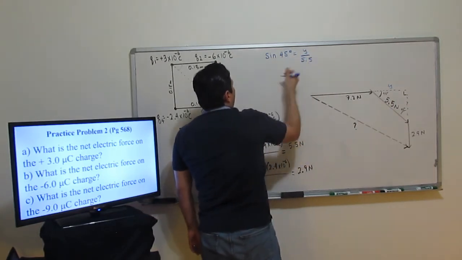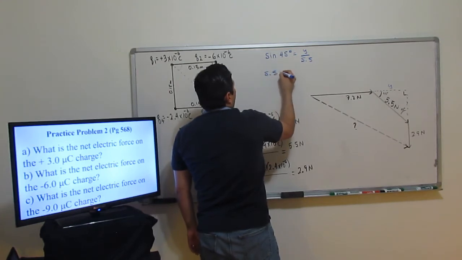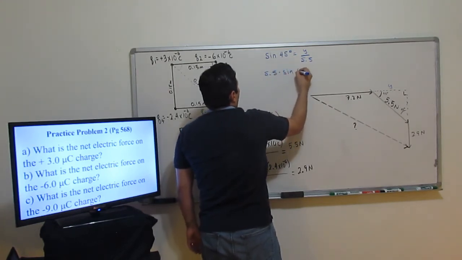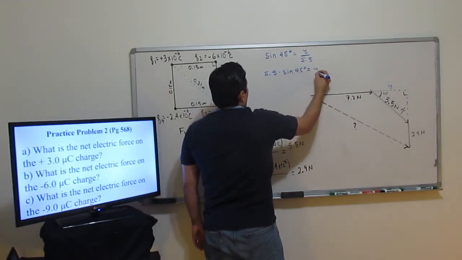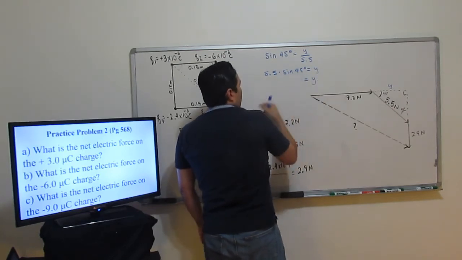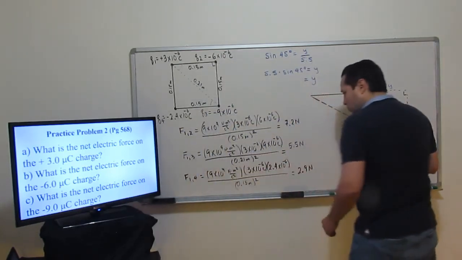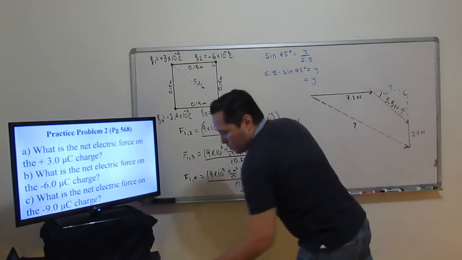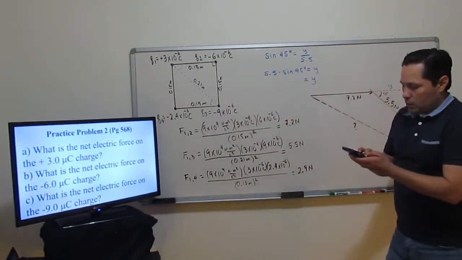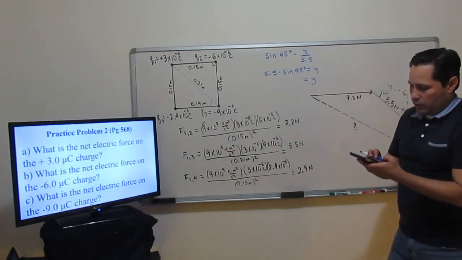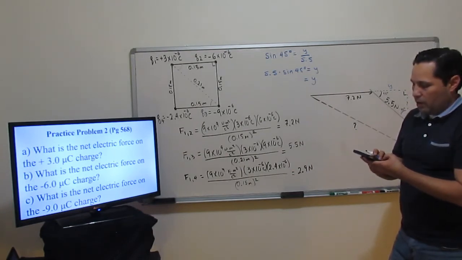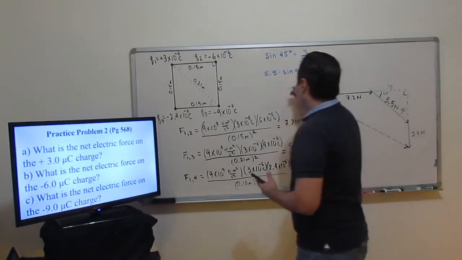So I'm going to multiply by 5.5 on both sides. 5.5 times sine of 45 is equal to the length of y. And y equals sine of 45 times 5.5. It's equal to 3.9.